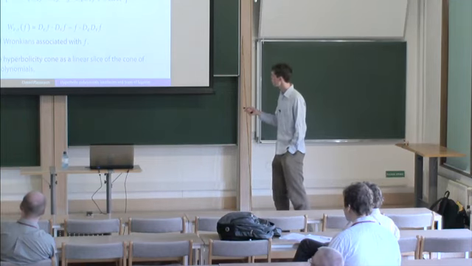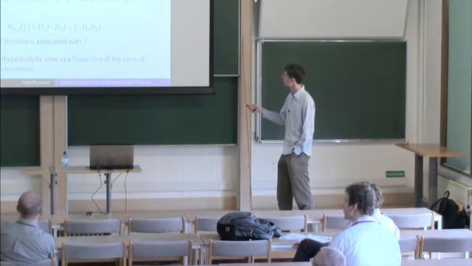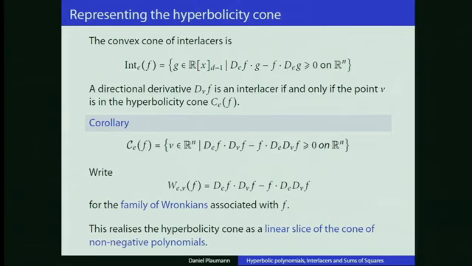Because dvf is an interlacer if and only if v is in the hyperbolicity cone, and it's an interlacer if and only if this polynomial is non-negative. So I get this family of Wronskians, which are all the polynomials of this form.